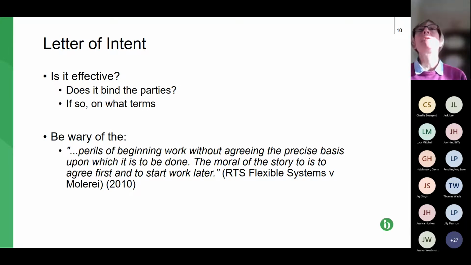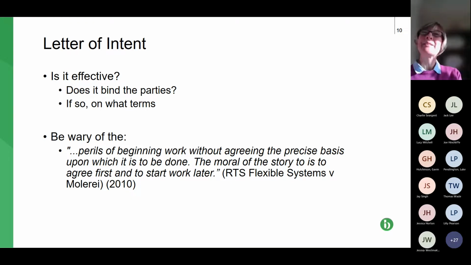So those are the circumstances in which typically a letter of intent will be used. What I want to look at is: is it effective? Does it bind the parties, and how does it bind them?